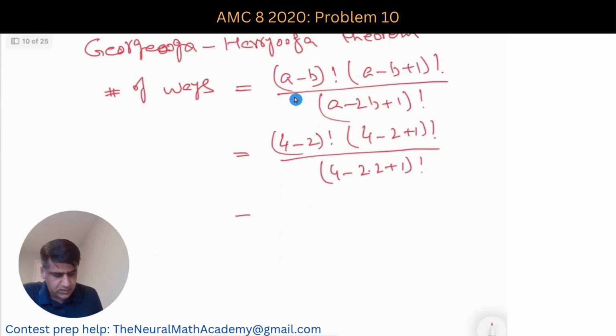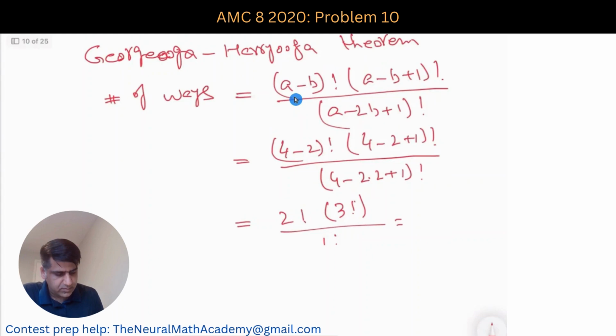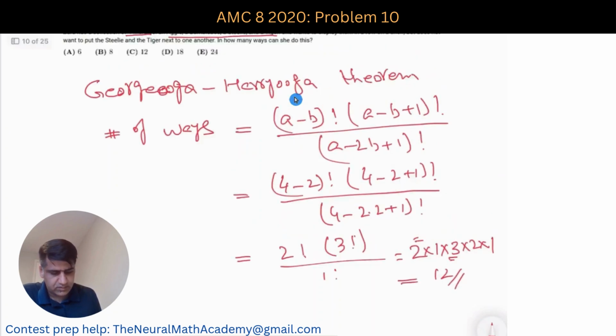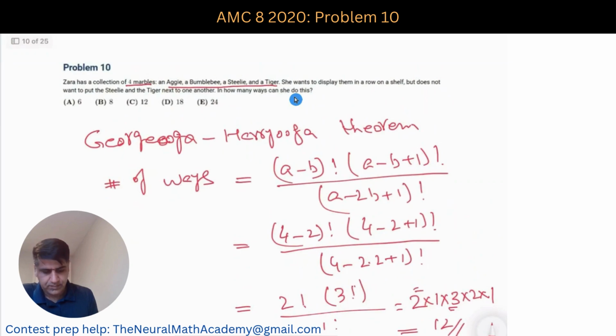So if we solve, we get 2 factorial, 3 factorial, and divide by 1 factorial. And then the answer becomes 2 multiplied by 1 multiplied by 3 multiplied by 2 multiplied by 1, and that is then 12. So 12 is the answer for this question.